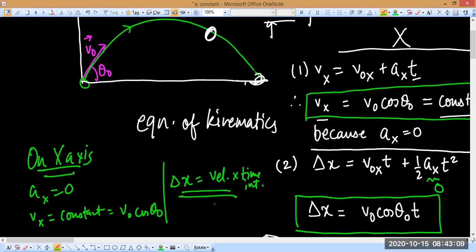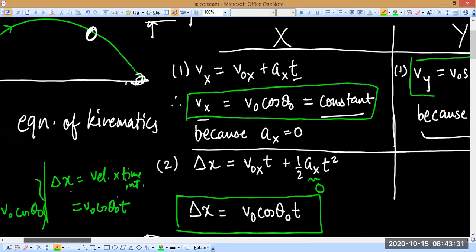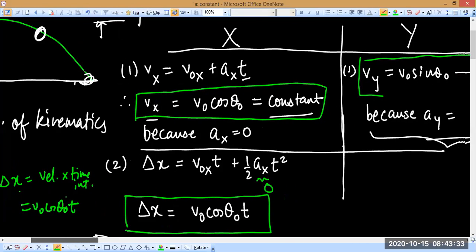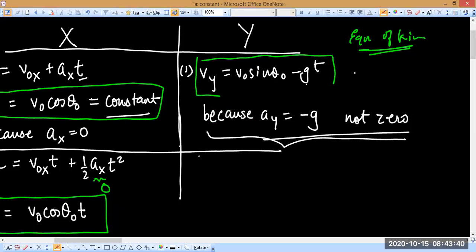You can always find displacement as velocity into time interval because of this. So this will be equal to v0 cos theta 0 into t, as easy as that. Right? Okay. So this is another way to do it, right? You can use whichever way you like. Everything is the same, in the end the same answer comes. Right? Two correct methods, okay? Not a coincidence. Two correct methods.